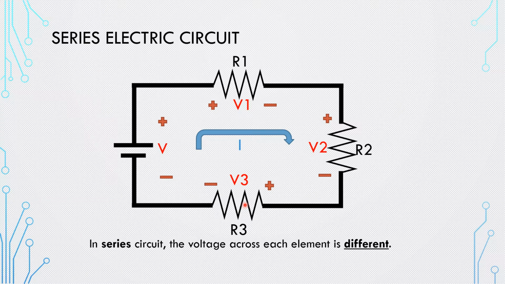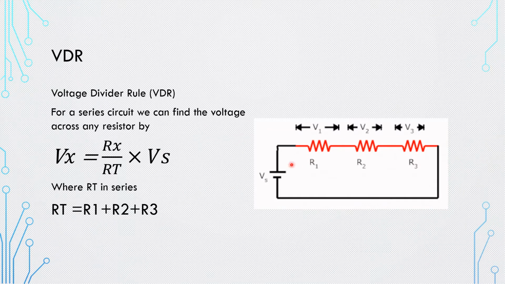I'm going to talk a little bit about a few rules or laws that will help us find the voltage if you are given a total voltage or a source voltage. The first special law is the voltage divider rule. This is only applicable for a series circuit, since, as we agreed, for a series circuit we're going to have different voltages.